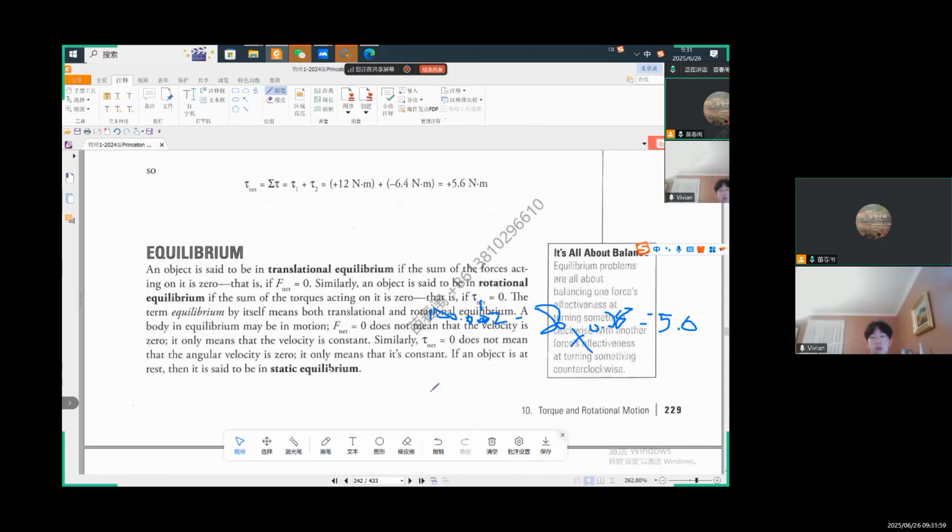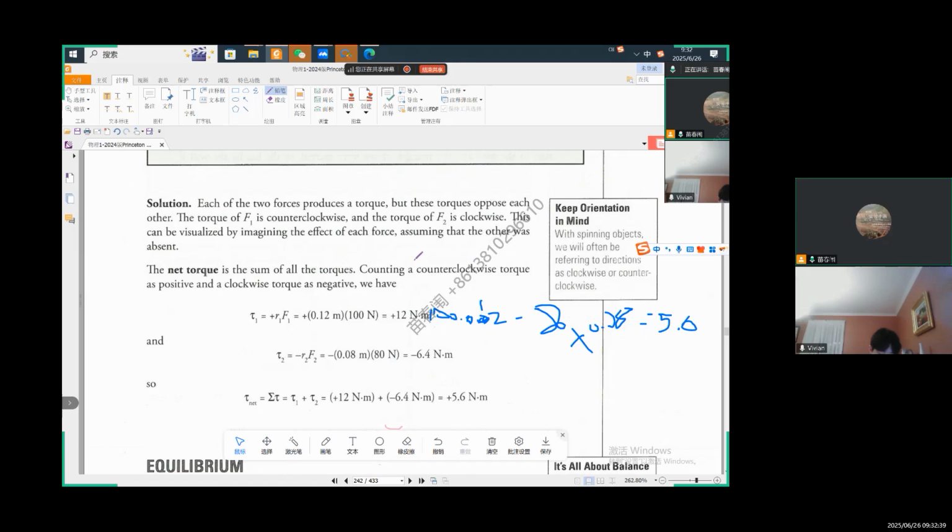Before, when we said equilibrium, it meant translation or linear, because Newton's first law works, so F net is 0. Now we also have rotational, which means torque net is 0. If you have no rotational effect, then torque net must be 0.